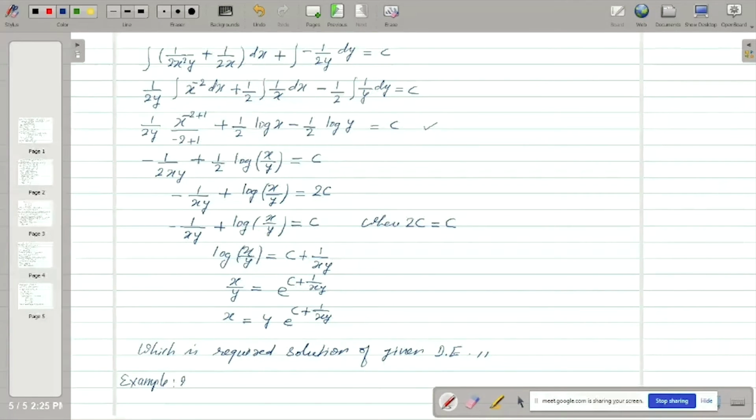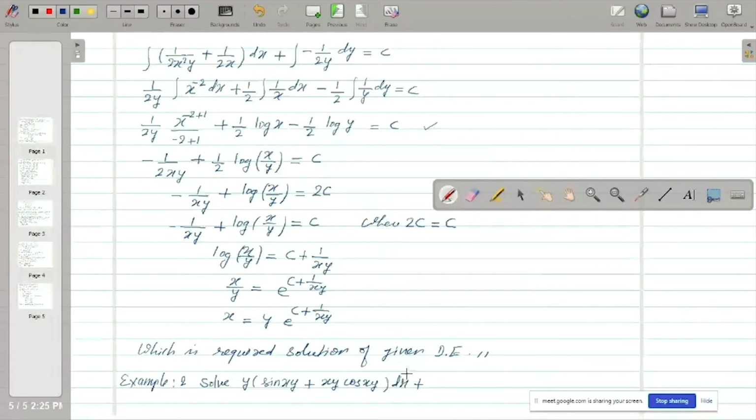Example number 2. Solve the differential equation: y sin(xy) plus xy cos(xy) dx, and plus x times xy cos(xy) minus sin(xy) dy.